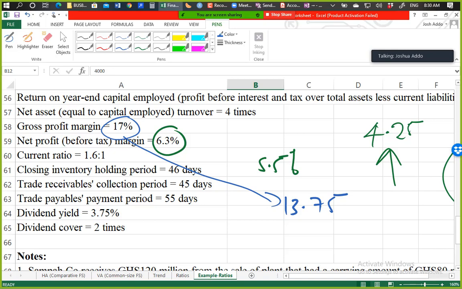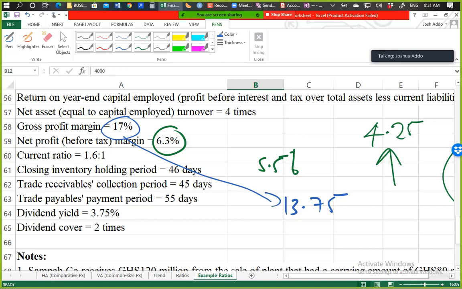Net asset is the total asset net of current liabilities. That's the meaning. I have a problem with their usage of net asset. It's quite deceptive. But in this case, they mean the same thing as capital employed.